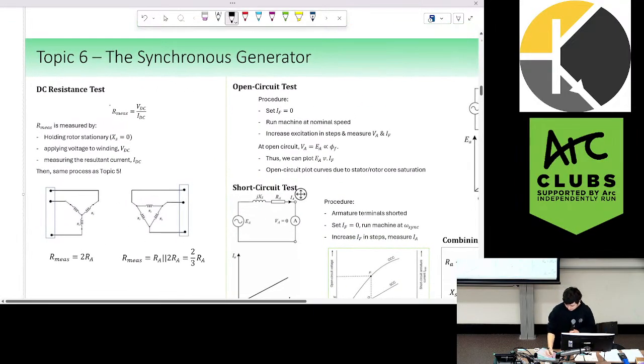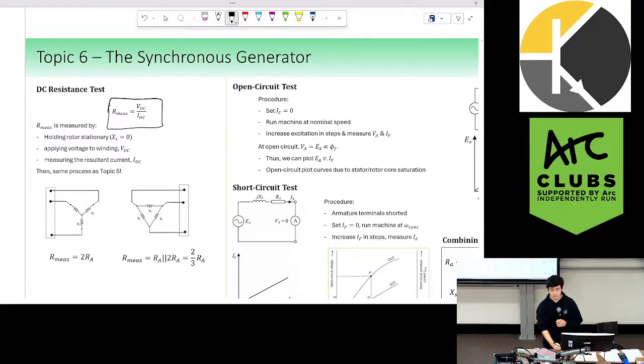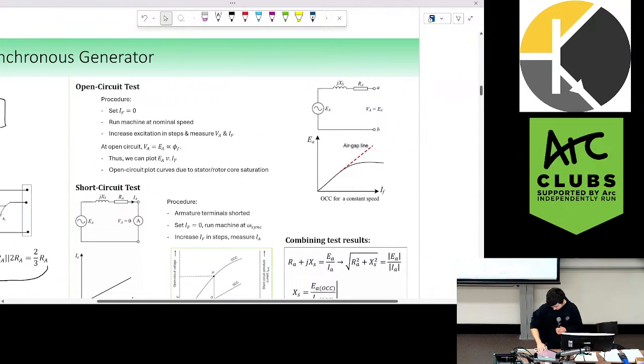We're using DC tests to measure RA. Note that it's a measurement between 2 terminals, so depending on whether you're Y connected or delta connected in your synchronous machine, you have the exact stuff from topic 5. Right? Fantastic stuff.